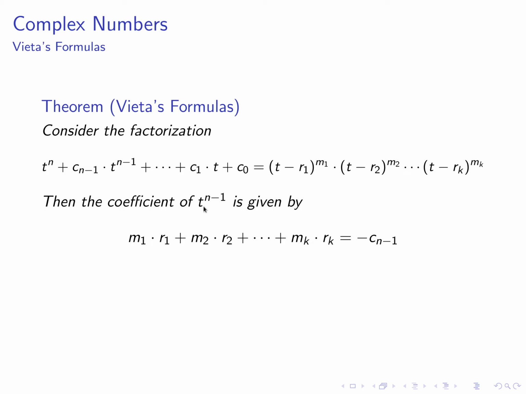It turns out that the coefficient of t to the n minus 1, so this is the term with the second largest exponent of t, the coefficient there is c sub n minus 1.